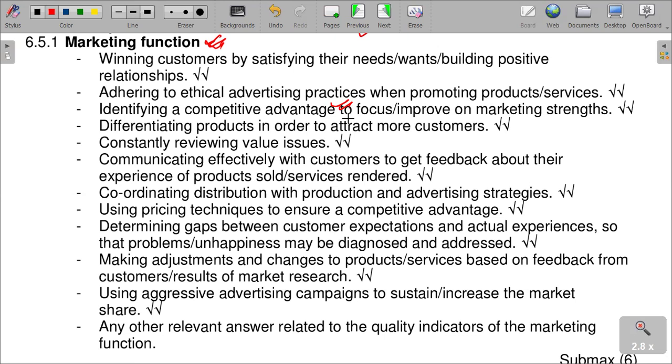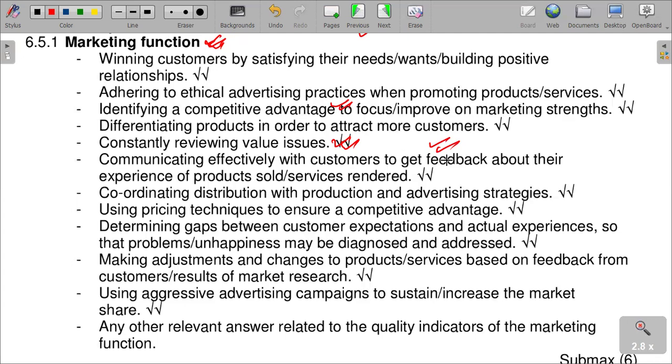So the business must be able to differentiate its product from its competitors, and constantly review value issues. In marketing, the value must always be reviewed in order to see that customers' expectations are consistently met. Communicating effectively with customers to get feedback. In any business, businesses must have feedback about their experience of products and sales that are being rendered.